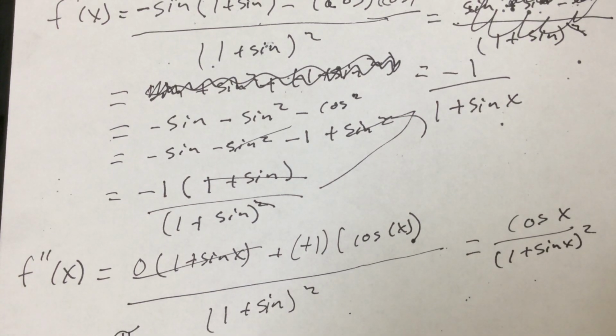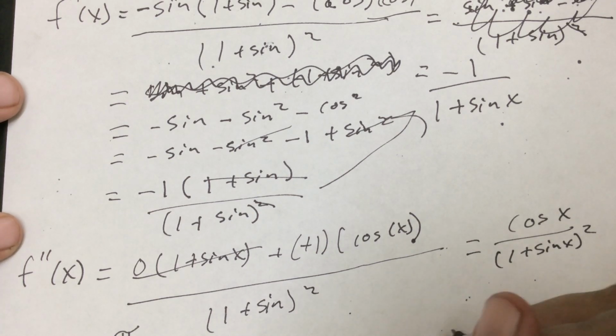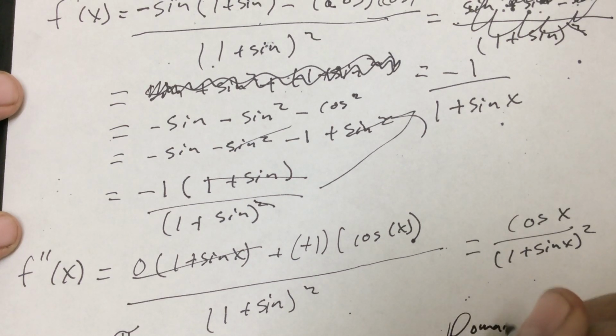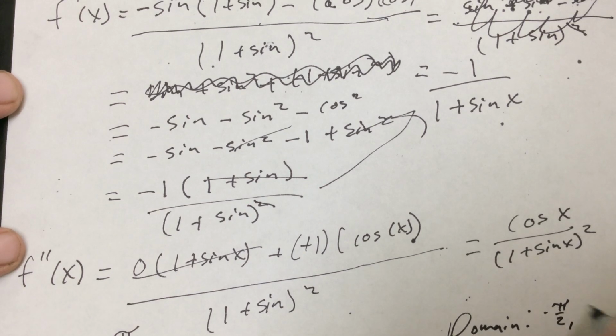Now with this, we're going to restrict our domain here a little bit. And maybe I should jump to that first. So domain is going to go from negative pi over 2 to 3 pi over 2, but not include those points.